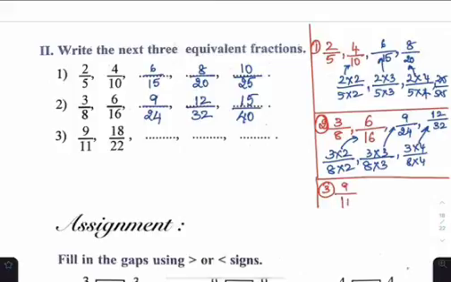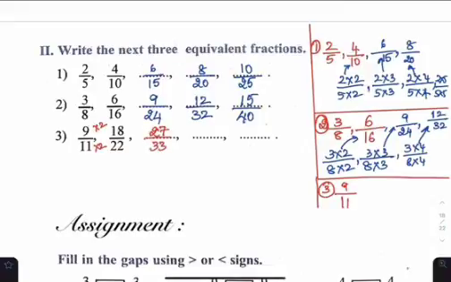9 by 11 is what you start with. Then 9 into 2 and 11 into 2 is what you get as 18 by 22. Then 9 threes are 27 divided by 33.